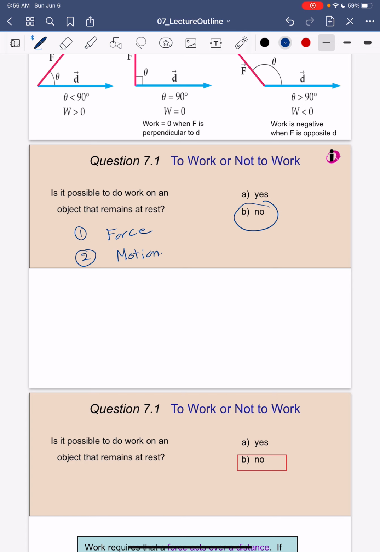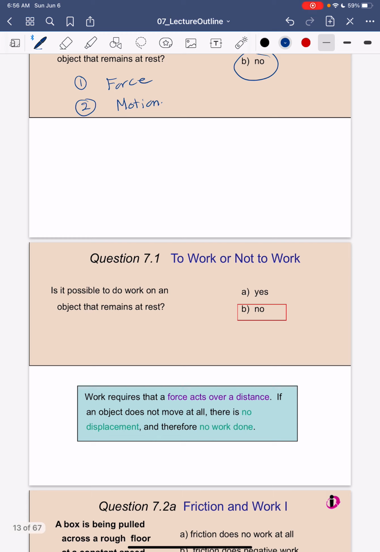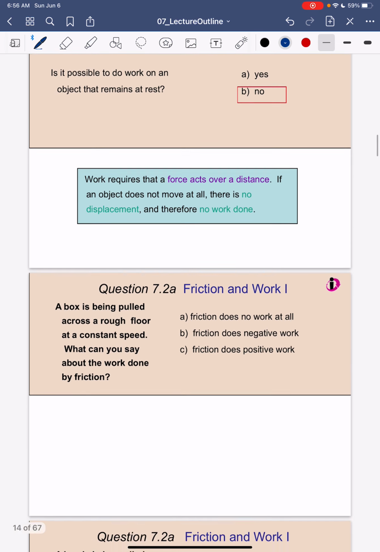You have force, but you don't have any displacement. Based on our definition, work requires that a force acts over a distance. If an object does not move at all, there is no displacement and therefore no work done.